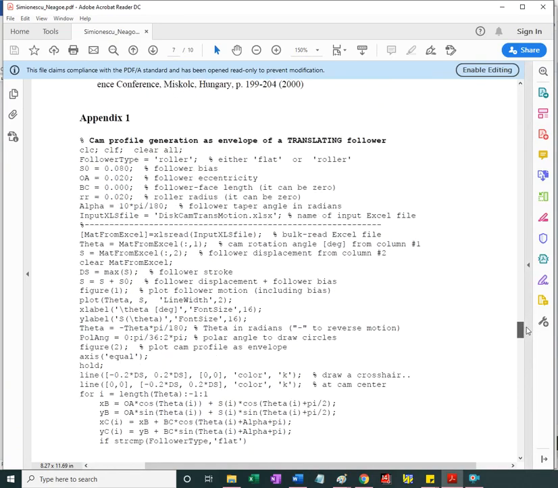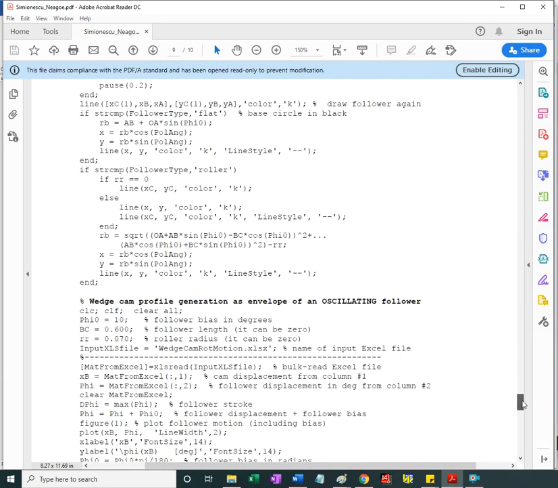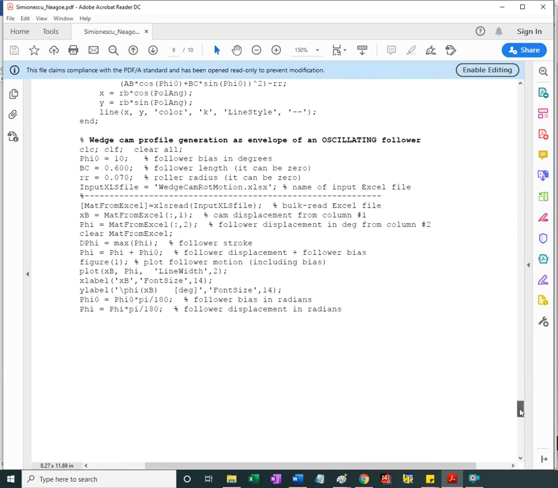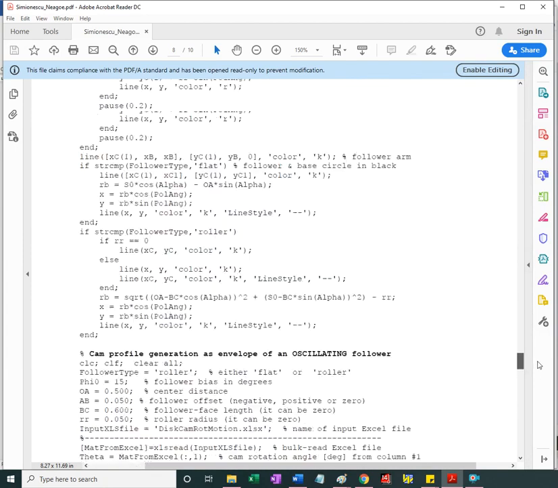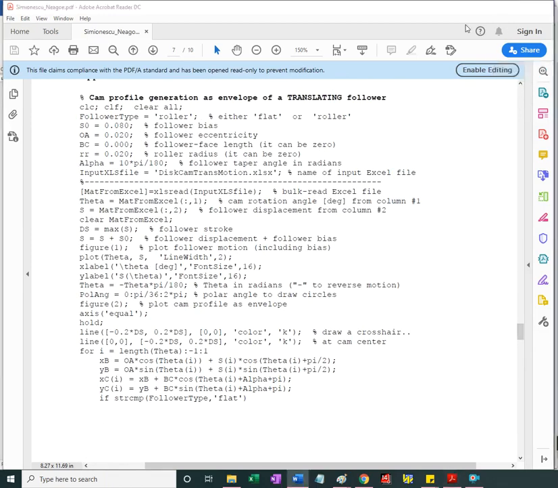So I'm going to supply you with these programs, although you could take them off the paper itself because they work. However, I'm going to supply you with the MATLAB code that can be run in Octave.